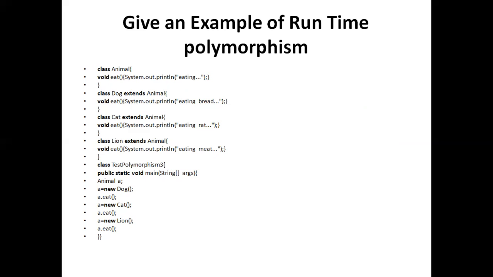At the end, we have created one class, TestPolymorphism3, in which we are creating one main method, and we will call the different methods using the objects that we are creating. So a.eat, a.eat, a.eat. You can see it is mentioned over here 3 times. So what would be the output of this program? Output of the program would be these lines: eating, eating bread, eating rat, eating meat. All these would be the output of the program.